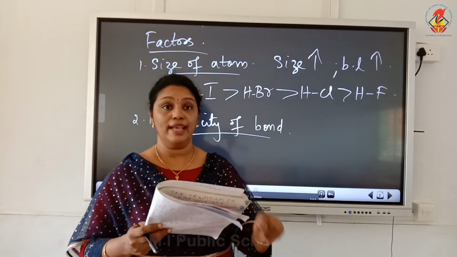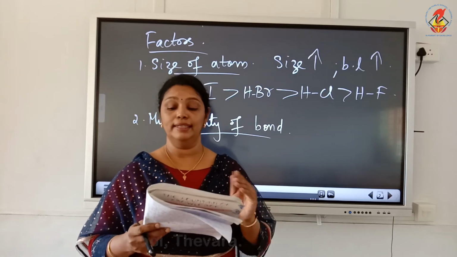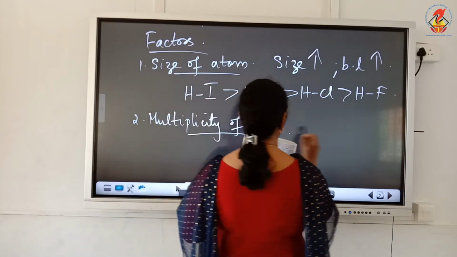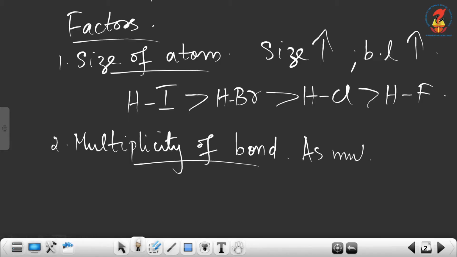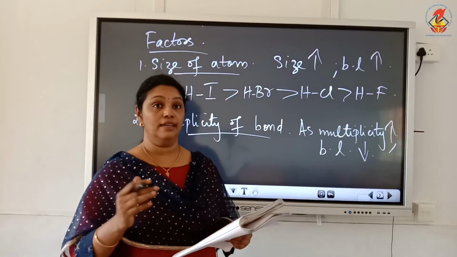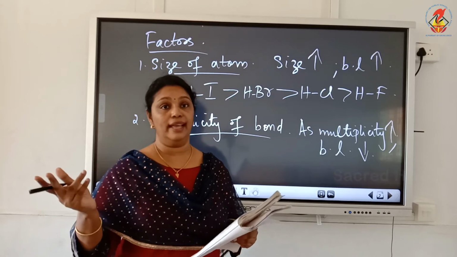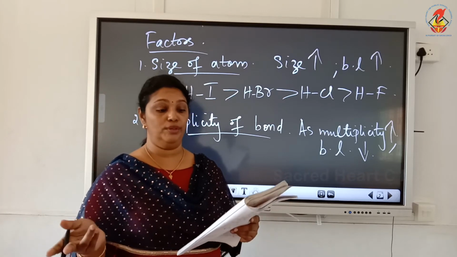That means as multiplicity of bond increases, bond length decreases. So a single bond will always have a larger bond length than a double bond, than a triple bond.